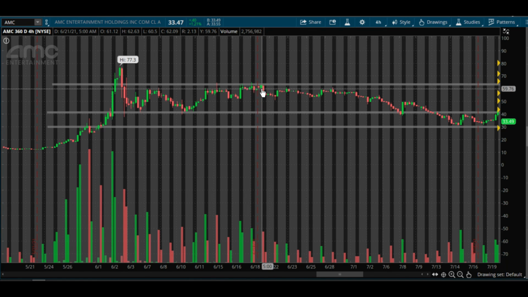When a stock price can't break and sustain over a certain price action, that is resistance. And when a stock can't go below a certain price action, that is called support. Just like it bounced off of this price range 1, 2, 3, 4, and then finally on the 5th time it just went up.